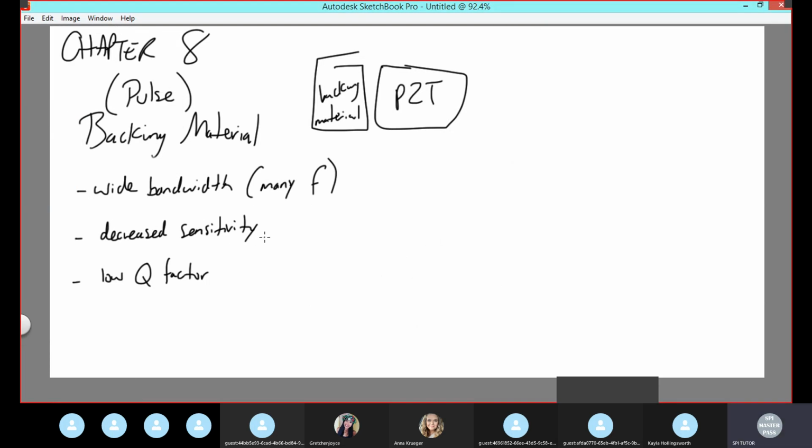And because you have a decreased sensitivity, the way I like to connect it to the low quality factor without using that formula, because I don't think it's useful to remember it for the exam, personally speaking. Decreased sensitivity, this is the way I think about it. If there is a low quality factor, when I think of the word quality and I think high quality, I expect perfection.